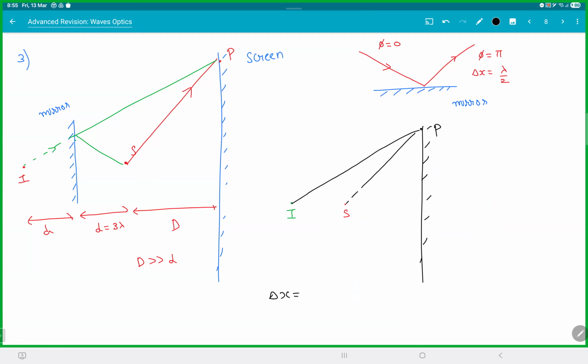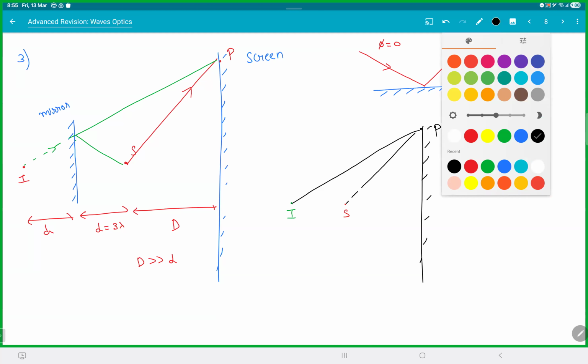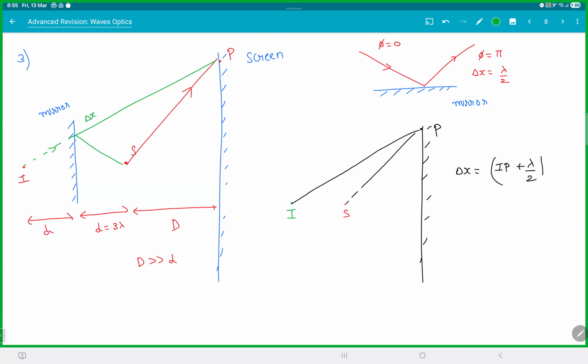Delta x will be IP, but don't forget IP plus lambda by 2, because you got a path difference because of reflection, minus SP.